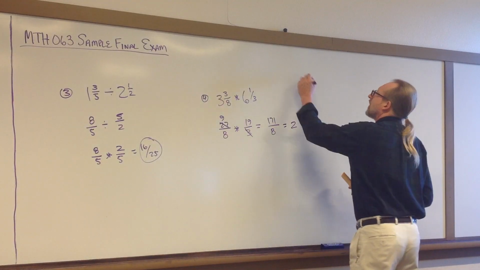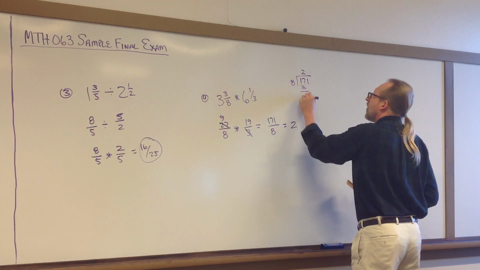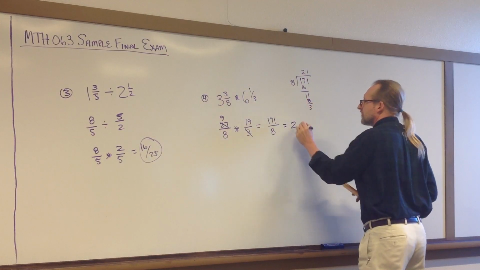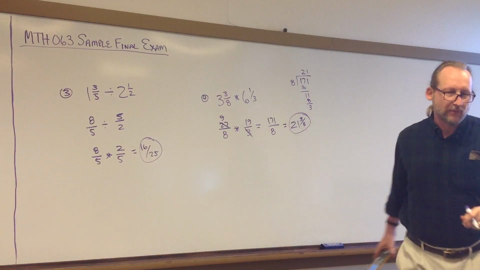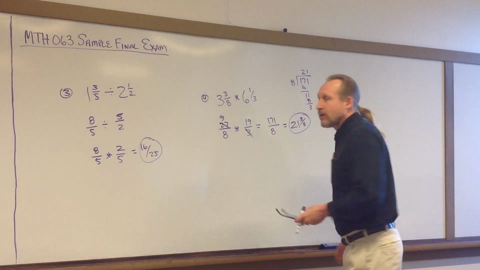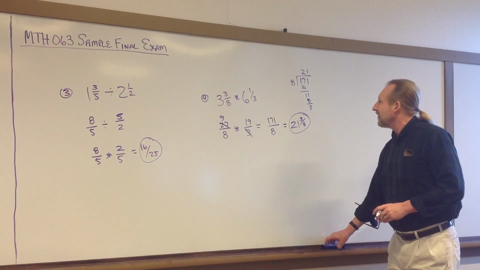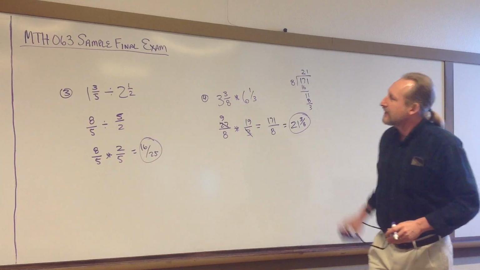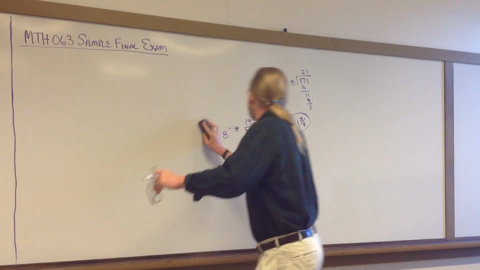I should have done this more carefully. One time with 3 left over. There we go, 21 and 3/8. So, yeah, I did it quickly, but then you'll notice that I did check my work because I had done it quickly. And so I found my mistake, did it more carefully, and got the right answer. Okay.